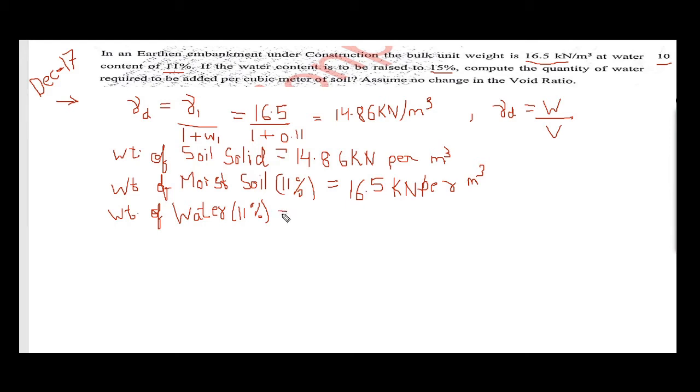We will get the weight of water for 11%, which will be 1.64 kilonewton per meter cube.